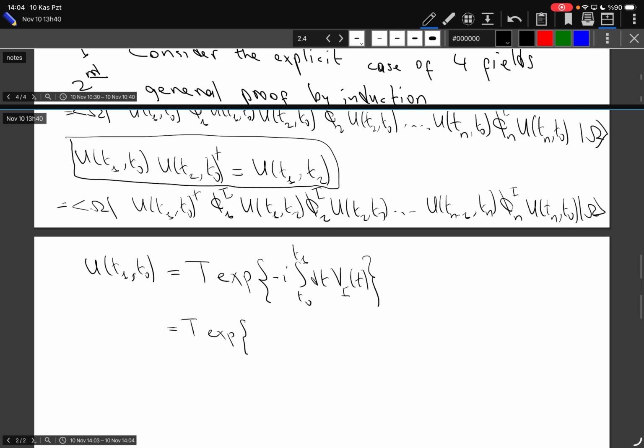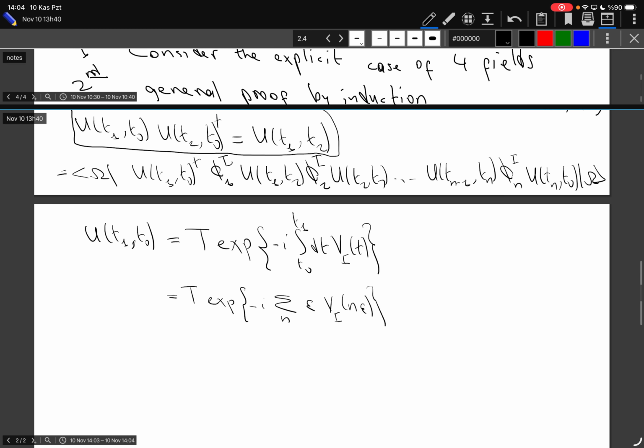I can write that integral as a sum over n, let's say epsilon V_I(n times epsilon), which is a product over epsilon of the time-ordered product of exponent minus i epsilon V_I(n times epsilon).